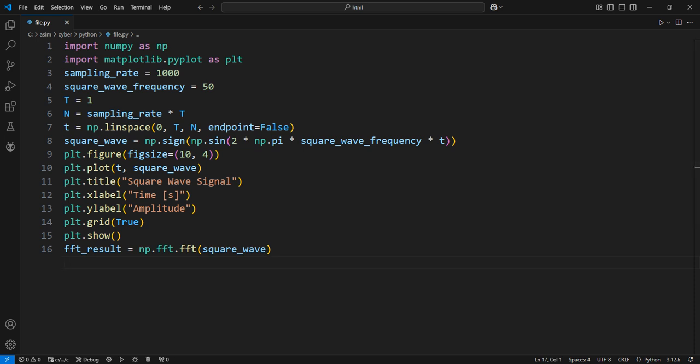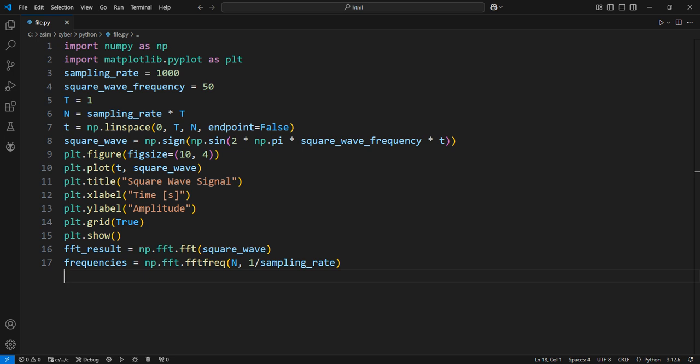Let's calculate the frequency bins corresponding to the FFT result. The length of the FFT result is the same as the number of samples, N. We need to create a frequency array to map the FFT results to corresponding frequencies. np.fft.fftfreq(n, d) returns an array of frequency bins for the FFT result.